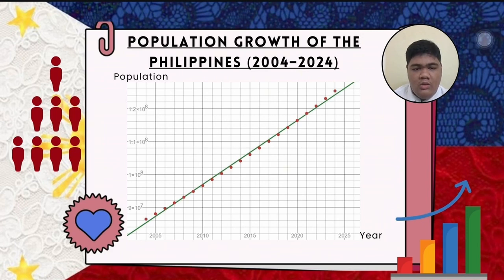We notice a strong positive correlation starting from 85 million in 2004 and steadily climbing toward the 115 million mark by 2024. This linear model allows us to make future predictions such as estimating when the population may hit the 120 million milestone.